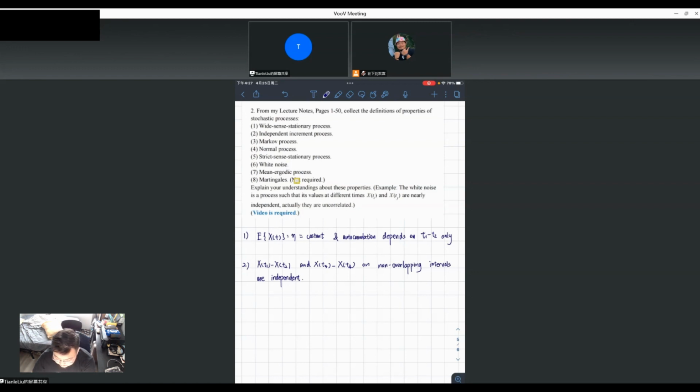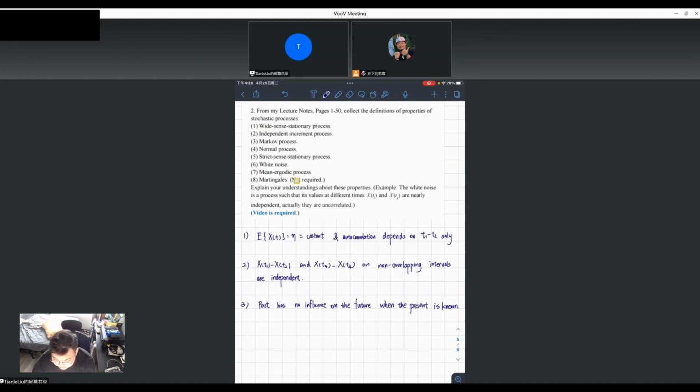For the next one, we will have the Markov process, which is that the past has no influence on the future when the present is known, right?